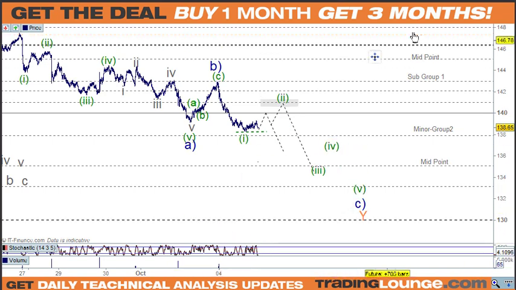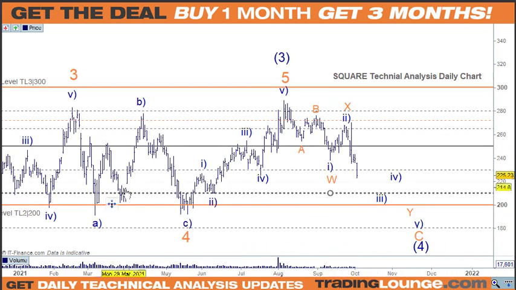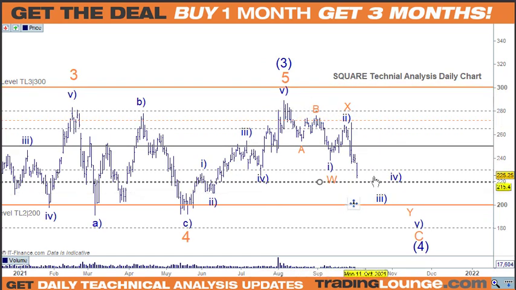Okay, Square. With Square here, we had it as the wave 3 over here, the ABC for 4 and up for 5 for wave 3. We kind of confirmed that in the end. But I think I might need to look at this in a different way.